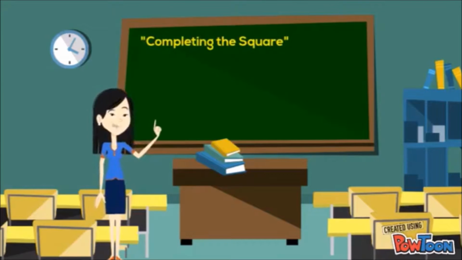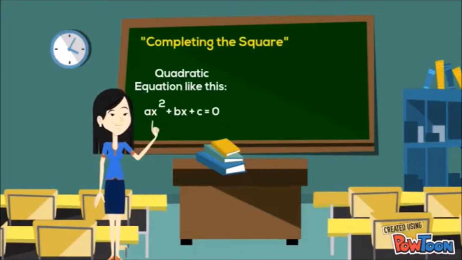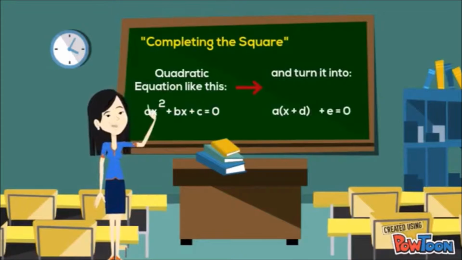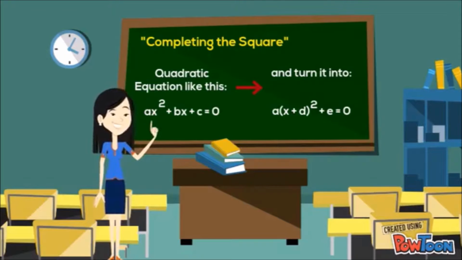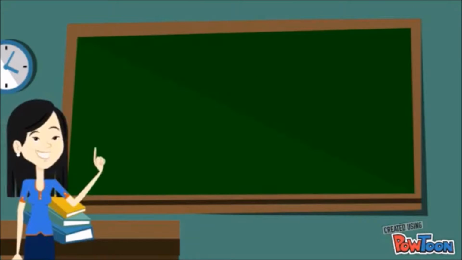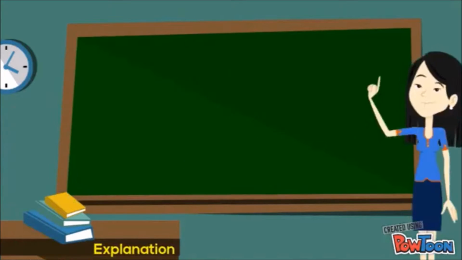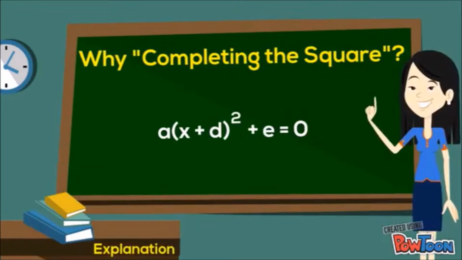Completing the square is where you take a quadratic equation like this and turn it into this. I can tell you that D equals B over 2A and E equals C minus B squared over 4A. Say we have a simple expression like x squared plus bx.